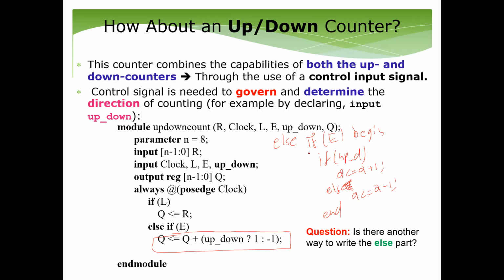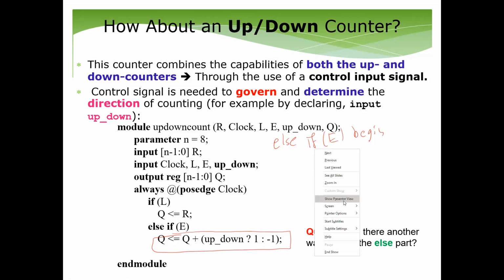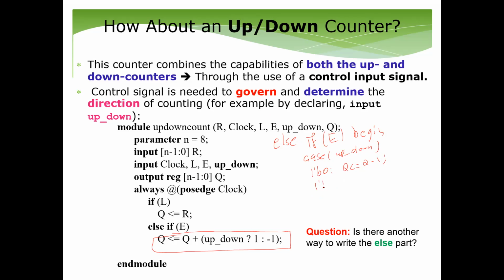So you can write after the else if count begin, I can write case up down. 1 bit of 0, Q takes on the value of Q minus 1, and then 1 bit of 1, Q takes on the value of Q plus 1.